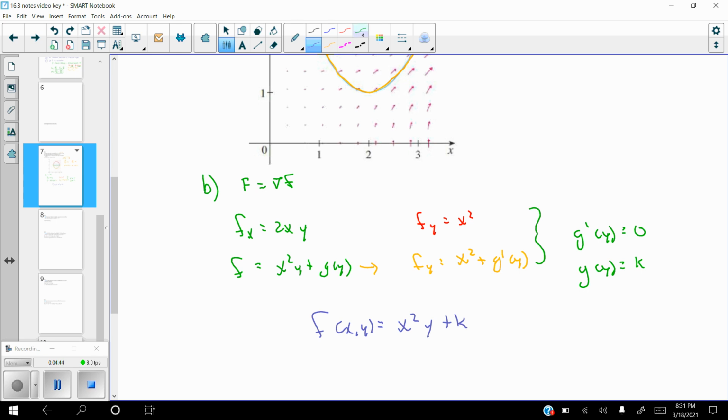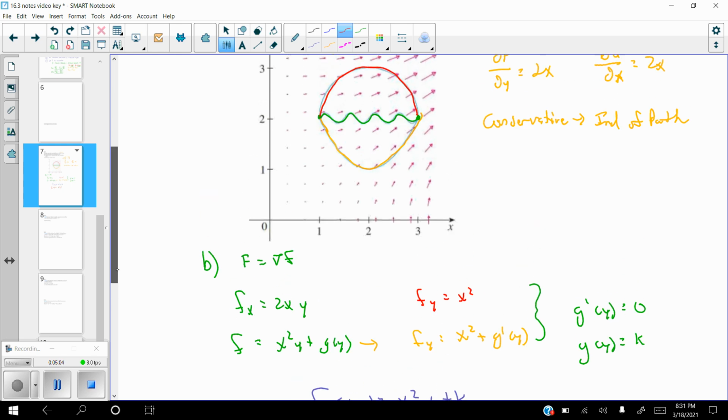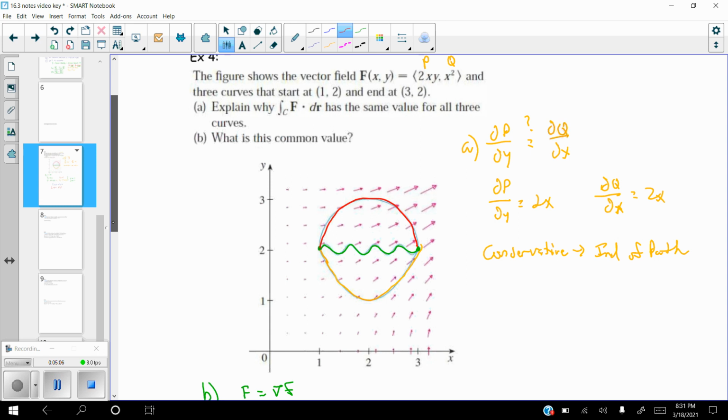Well, because it is independent of path, we know that the line integral of F dot dr is f of x, y, which in this case is x squared y, evaluated at our endpoints. Now, I think they actually gave them to us here. Yeah, (1, 2) and (3, 2).